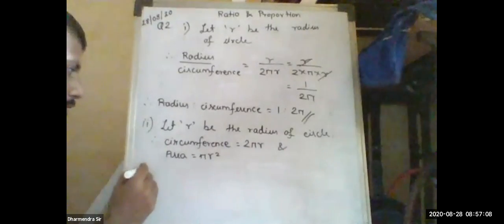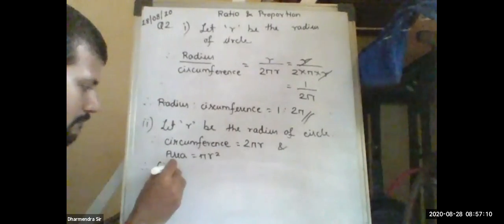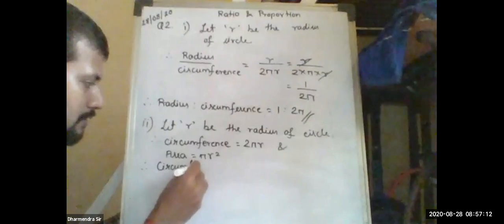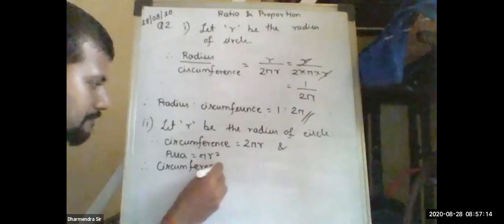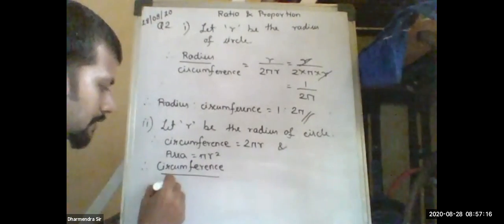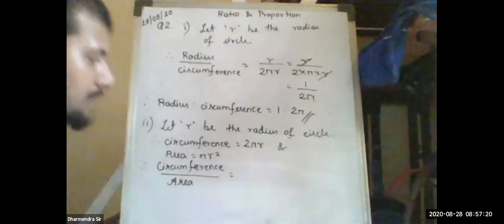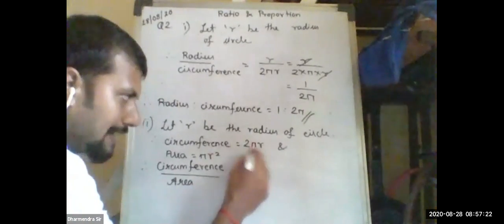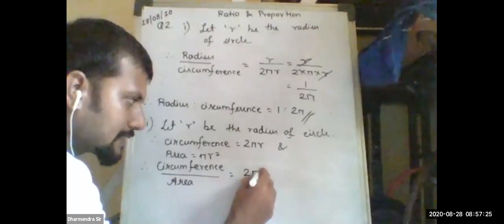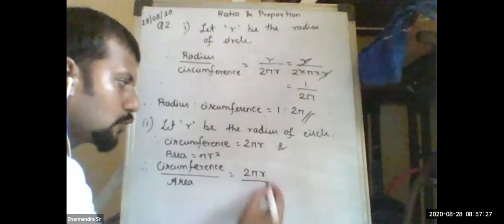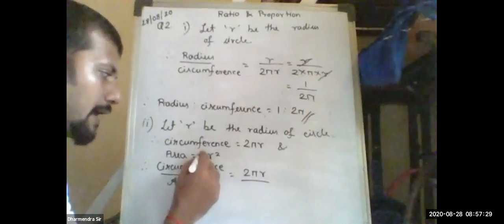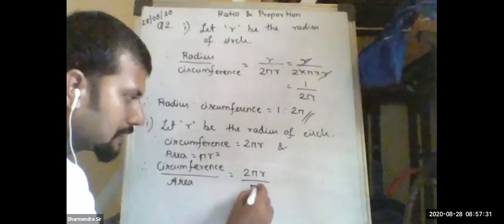So therefore circumference upon area is equal to, we know that circumference is given by 2 pi r, just replace circumference by its value 2 pi r. We know that area is given by pi r square, replace by its value.